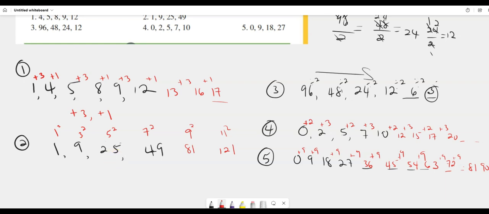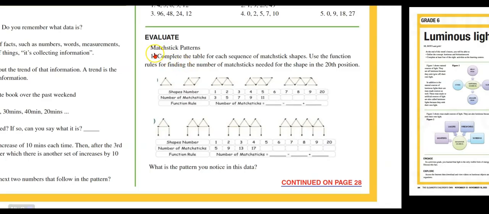Here is a matchstick pattern. It says for the evaluate section, 1. Complete the table for each sequence of matchstick shapes. Use the function rules for finding the number of matchsticks needed for the shape in the 20th position.